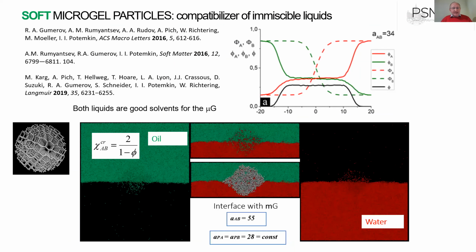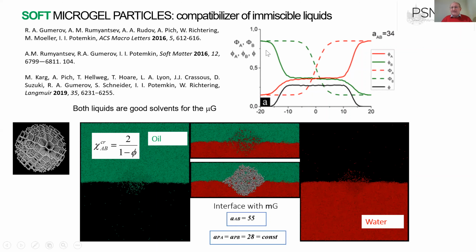A very interesting effect was detected for the microgels if both liquids are good solvents for the microgels. If we look into the microgel and try to understand how the liquids are distributed within, we found the interesting effect that the liquids inside can be homogeneously mixed within the microgel.